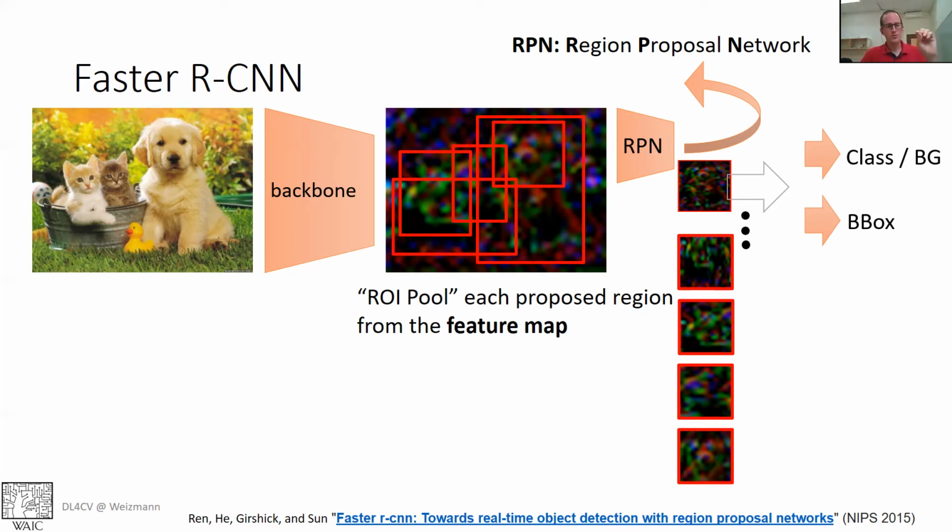Indeed, if you are trying to localize very small objects, then you might not want to stride that much in the feature space, and we'll get to that later, what we are doing with objects of significantly different scales. But right now, each and every pixel in the feature map has a large receptive field, but we can restrict ourselves to a proposal that is significantly smaller.